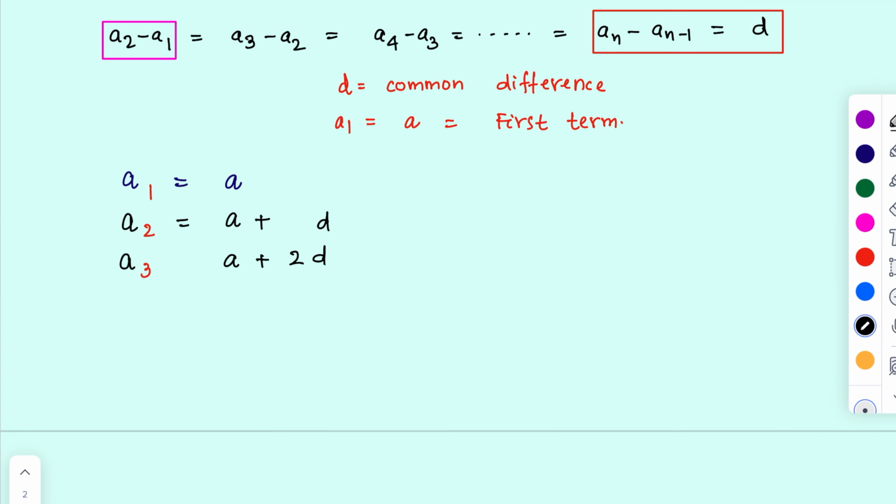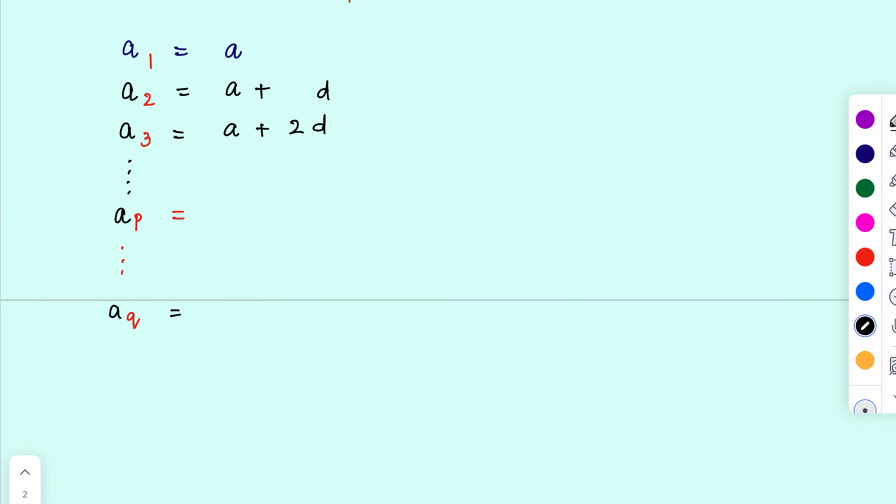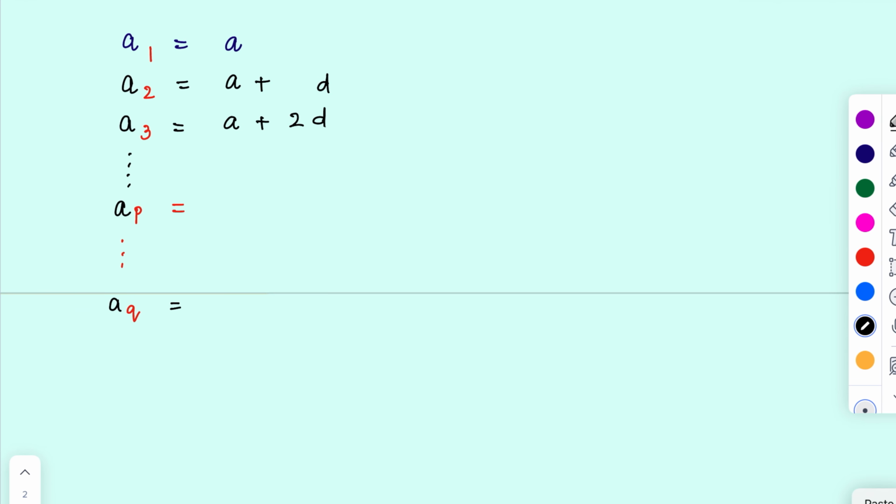Similarly we can write A4, A5 like this. Suppose we write AP, how we will write? We will see it AP or AQ. AQ is the qth term. And finally we will write AN.